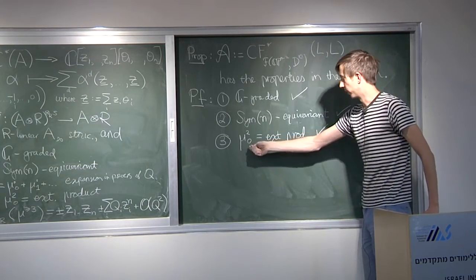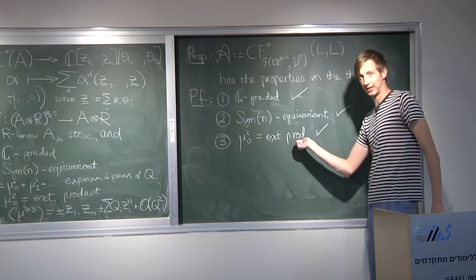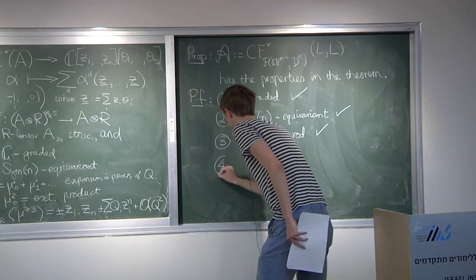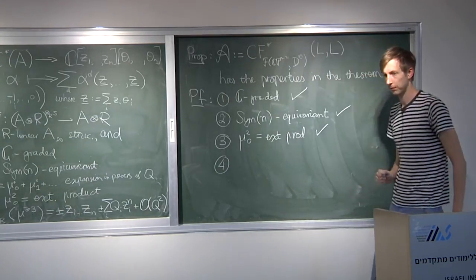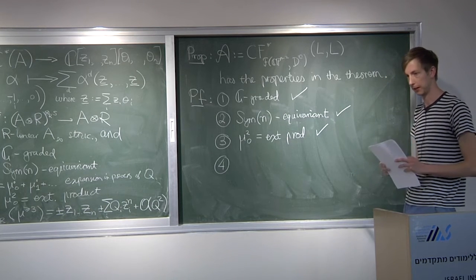I proved this morning that the product at order 0 is the exterior product, so we're fine with that. The product at order 0, you don't know anything about the divisor, you just remove it. That's correct. Yeah, you're removing the divisor completely.